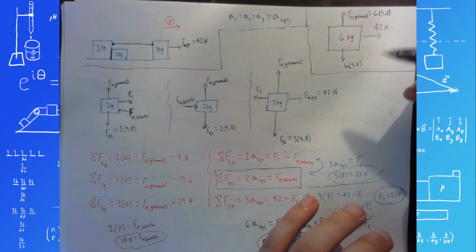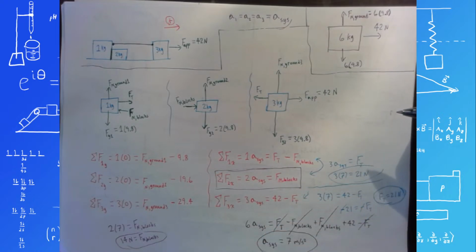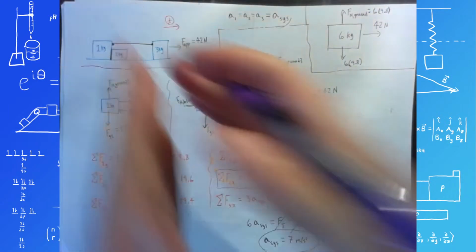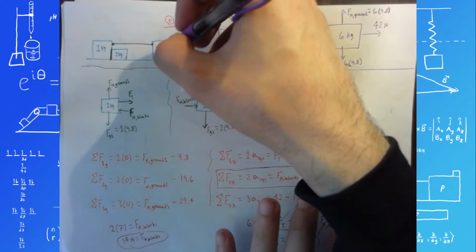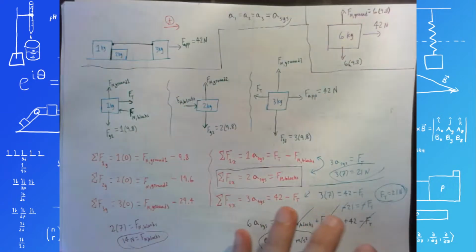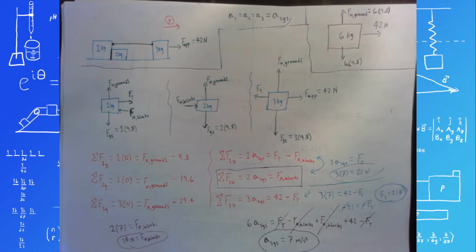We will see situations where, how do I want to word this? We will see situations where it's not as simple as just smushing the objects together and drawing whatever forces are still on the outside. There are going to be situations, especially when it comes to pulleys, where it complicates things.